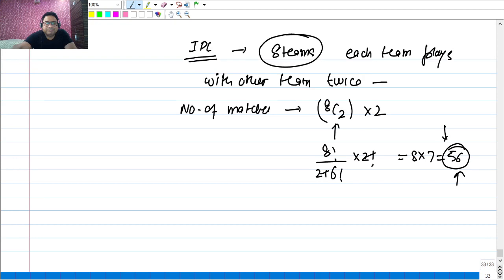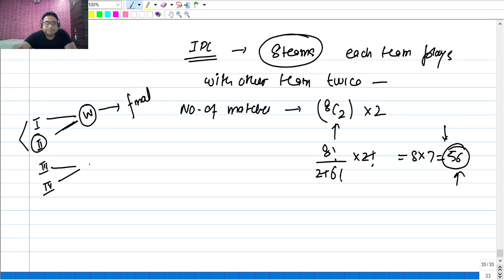Is it okay? Alright, and then the top 4 teams are selected, 1, 2, 3, 4. Everyone wants to be in the top 2 slots. Why? 1 and 2 play and someone wins, goes directly to the final. The loser of that and the winner of 3 and 4 play, and the winner goes to the final.